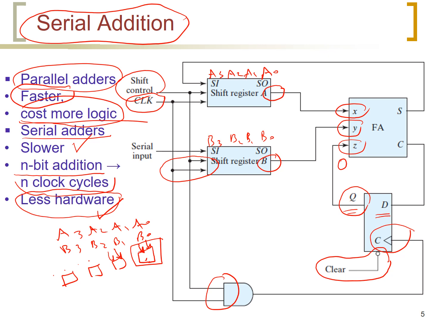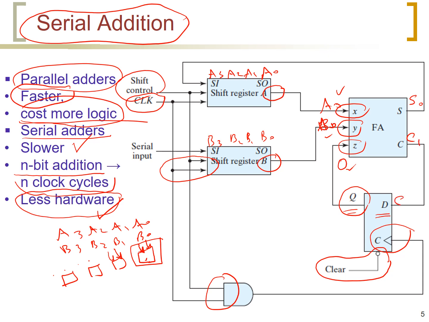Now what will happen is the following. At the beginning, we have A0 here and B0 here, and the carry is 0. So this adder will add A0 plus B0 plus 0. The sum will appear here, which we can call S0, and the carry, which will be considered next time, we call it C1.